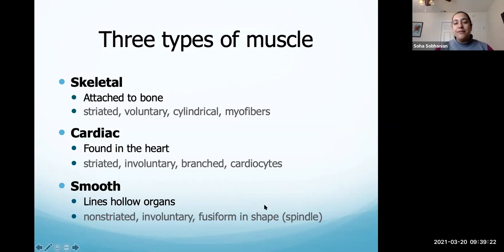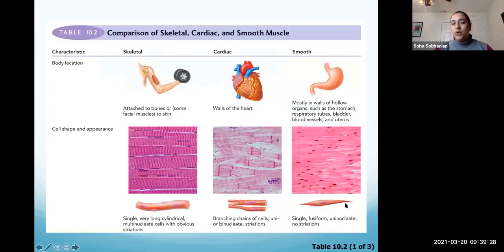Their shape is fusiform or spindle shape, which implies they have a thick center, and as you go to either end, they narrow down. In terms of nuclei, they have one nucleus per cell. And for heart, I didn't mention that, but you usually have 1 to 2 nuclei per cell.